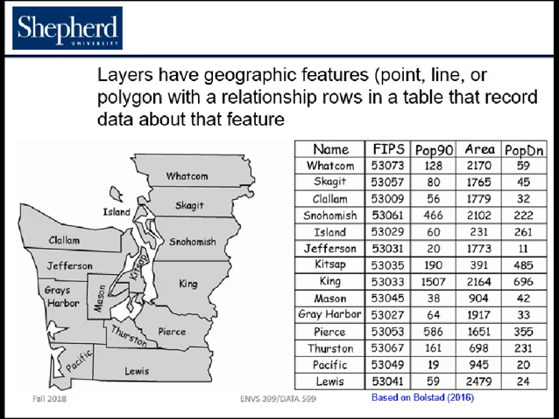Tabular data summarize the most important non-spatial characteristics of each cartographic object. For example, a table of attributes that describes counties. In this example, the attributes include the county name, its FIPS or Federal Information Processing Standard code, population, area, and population density.